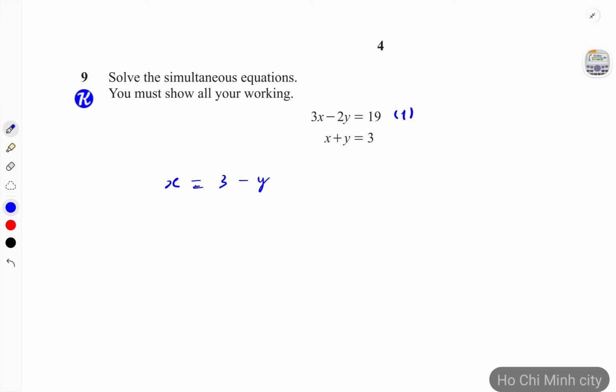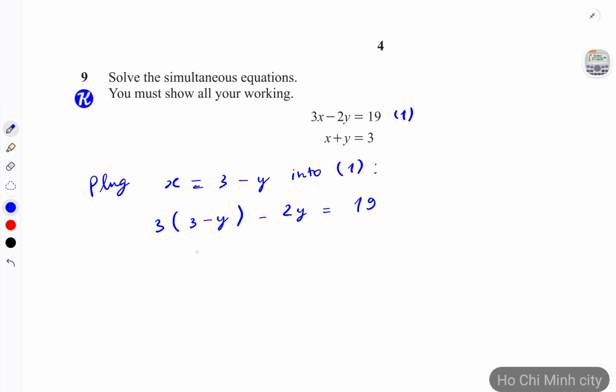Let's call this number 1. Plug x equals 3 minus y into 1. We have 3 times (3 minus y) minus 2y equals 19.